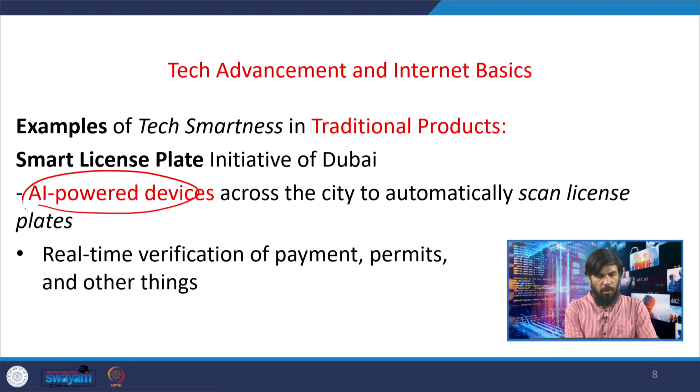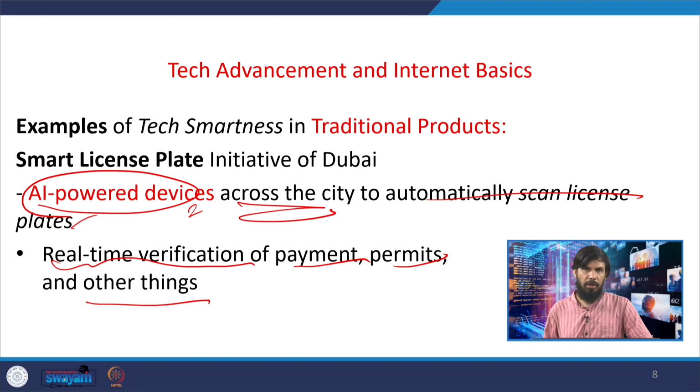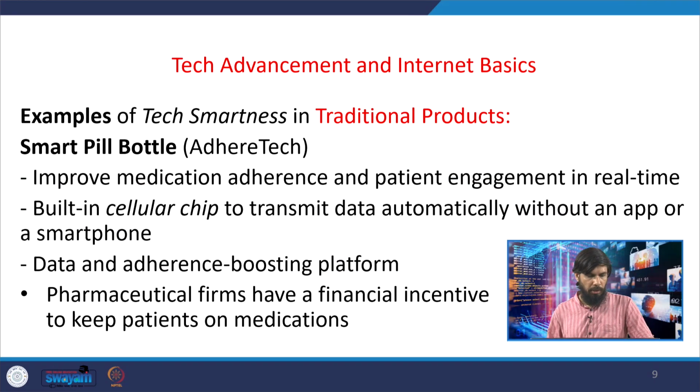Then in the same initiative, there are AI powered devices across the city to automatically scan license plates. Now it's a smart license plate, so this automatic scanning can be done, and that's how the traffic can be monitored. So real time verification of payment, permits and other things can be facilitated through these AI powered devices, right. Now the next example is the smart pill bottle from Adhere Tech.